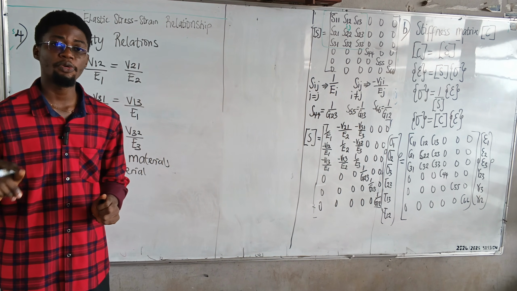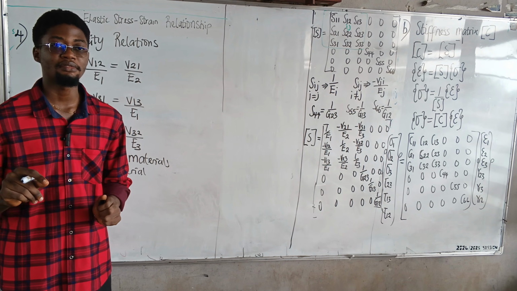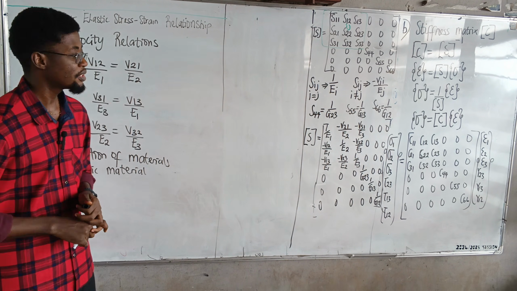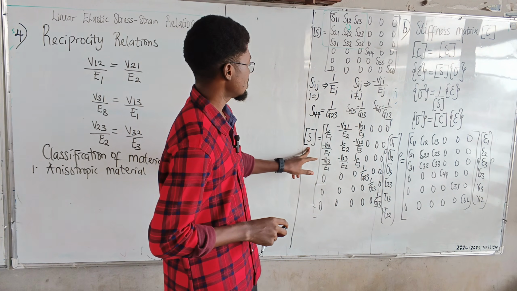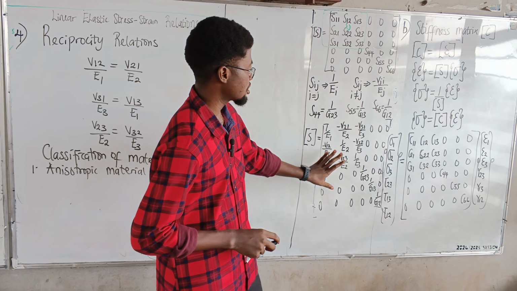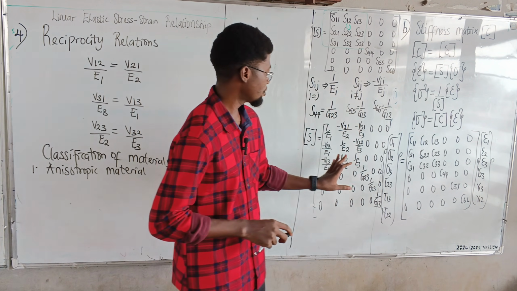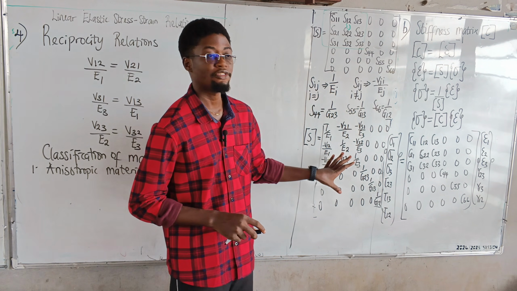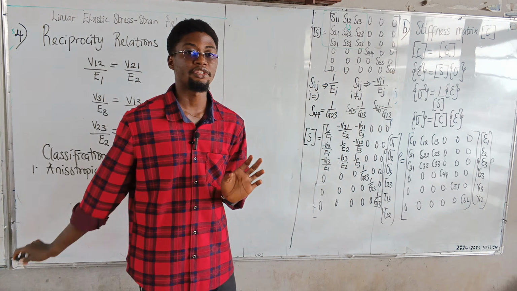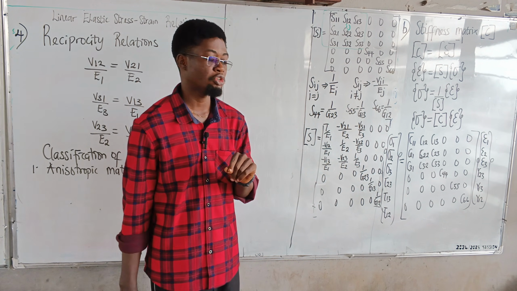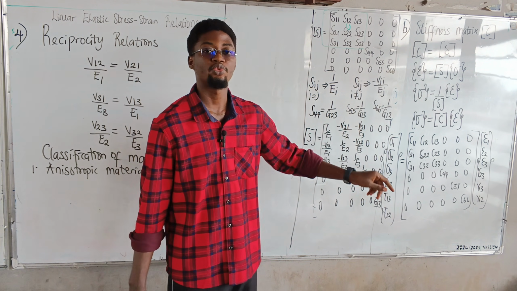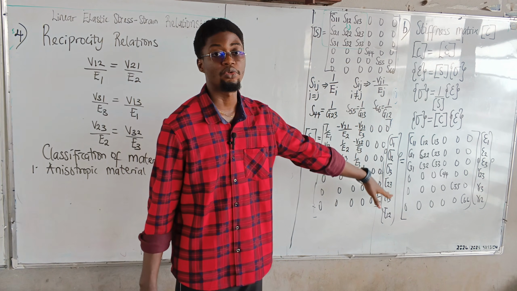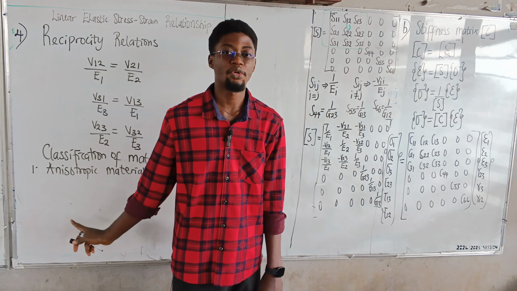And in an anisotropic material, the stiffness and compliance matrix are fully populated. What we observe in this compliance matrix, and this stiffness matrix, is that there are zeros. The reason there are zeros is because we are assuming that this material is not anisotropic. If it were anisotropic, these zeros would be replaced with elements, a formula here, a formula here, and so on. So there will be no zeros for an anisotropic material.